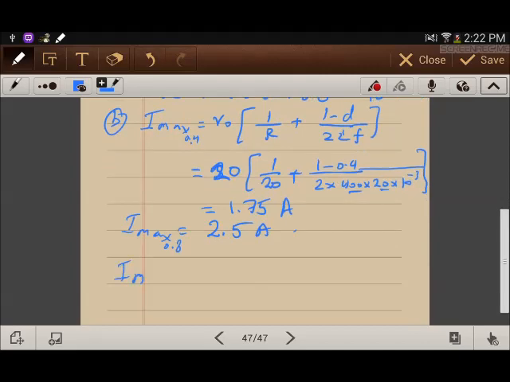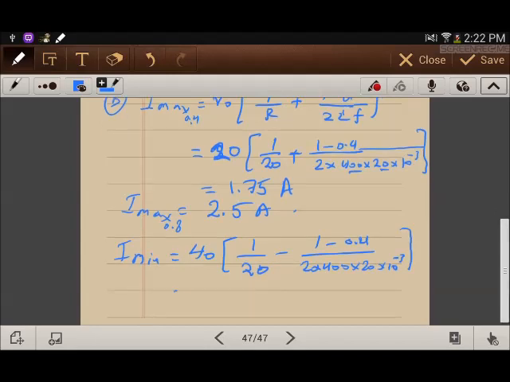For the minimum current, for the 0.4, it's the V output, which is 20, multiplied by 1 over R, which is 20, minus 1 minus 0.4 over 2 multiplied by 400 multiplied by 20 multiplied by 10 to the power minus 3, and I will get a minimum current of 0.25 amps, and at duty cycle 0.8 I will get 1.5 amps.